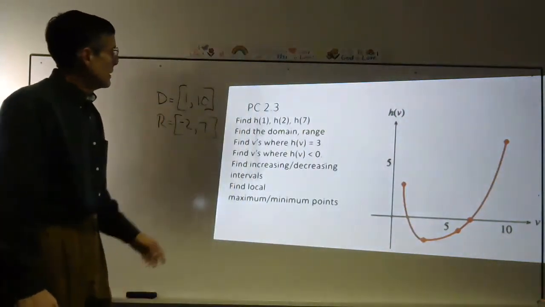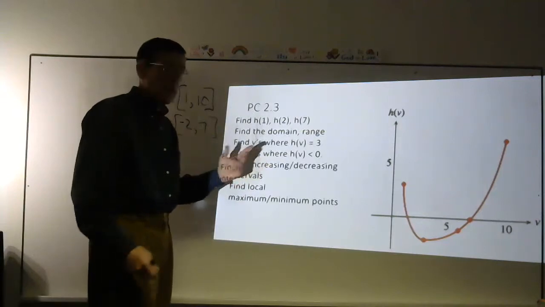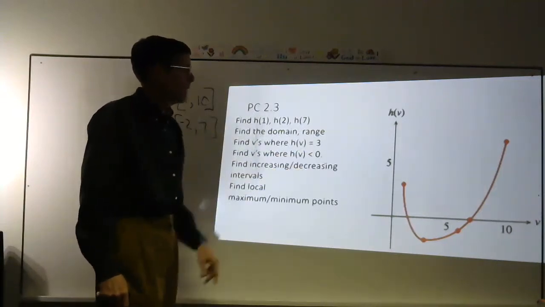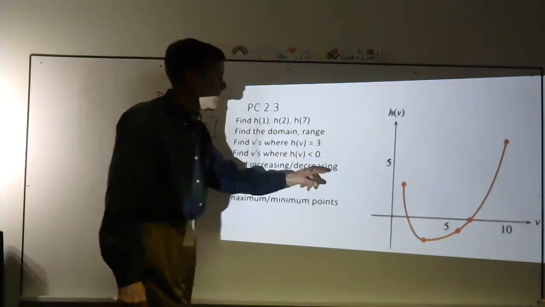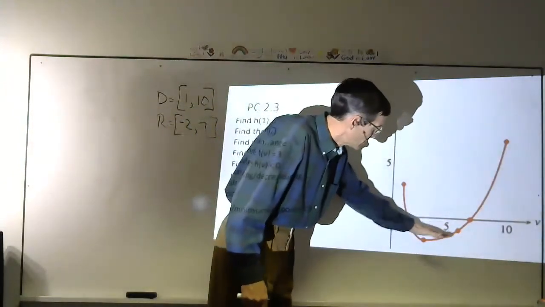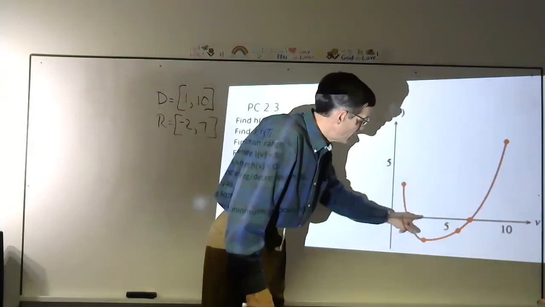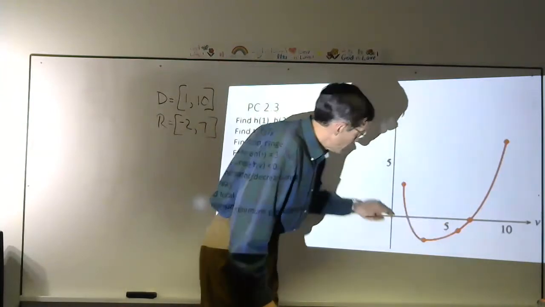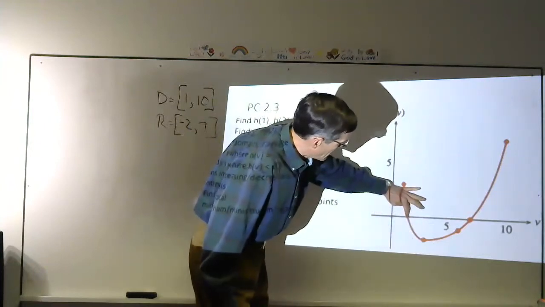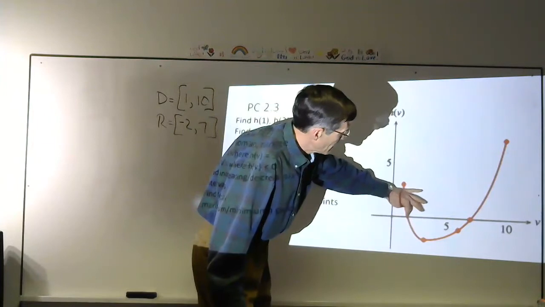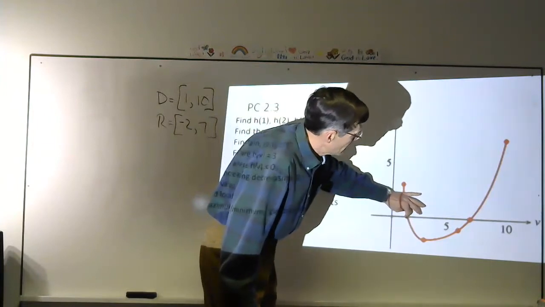Okay? Find the v's. Remember, the v is the x value, where the functional value is smaller than 0. If the y values are less than 0, they're below the x-axis. So what are the v's that go down? Well, the first v looks like about 1.5. Will put me right on the x-axis.